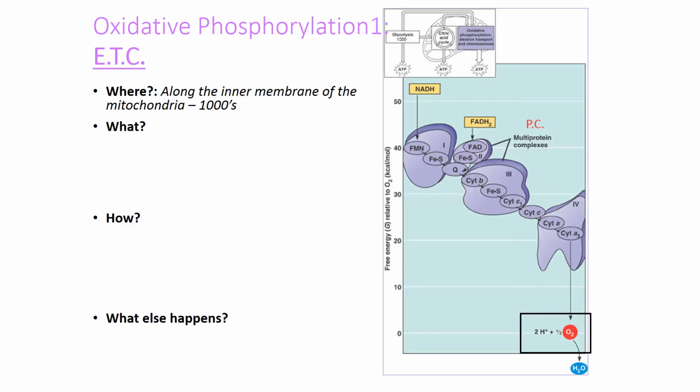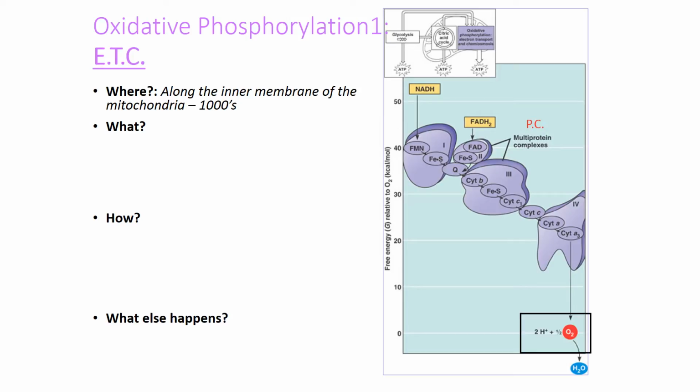Do notice on the left-hand side of the graph that is the free energy relative to oxygen. So as you can see on the left-hand side, we have NADH coming in at the top of the chain with electrons at a relatively high level of energy.